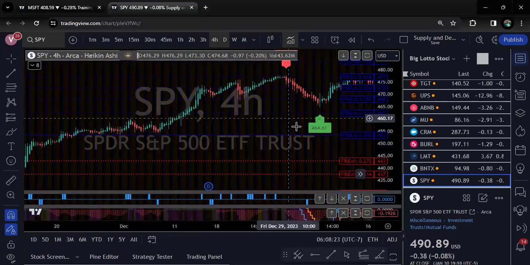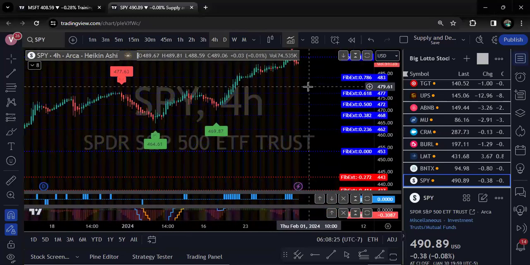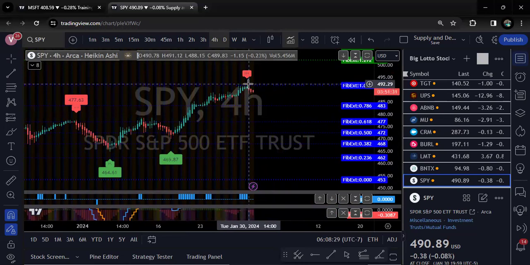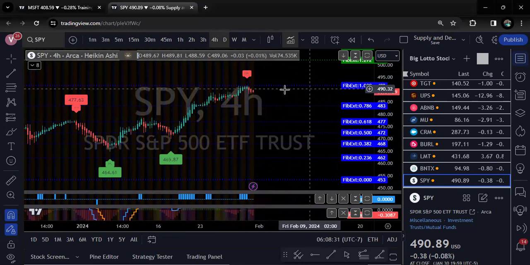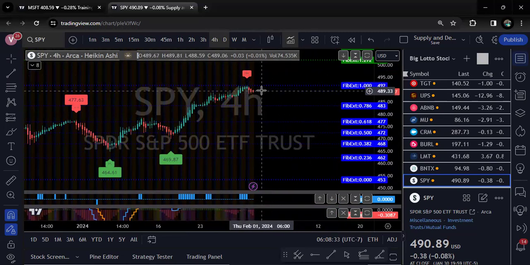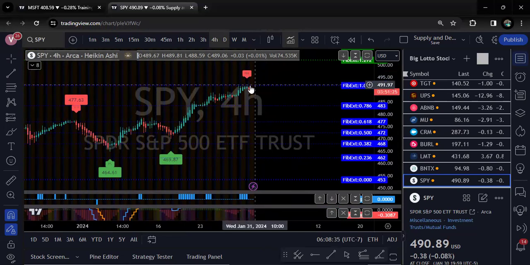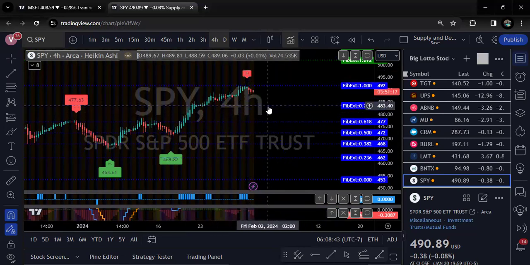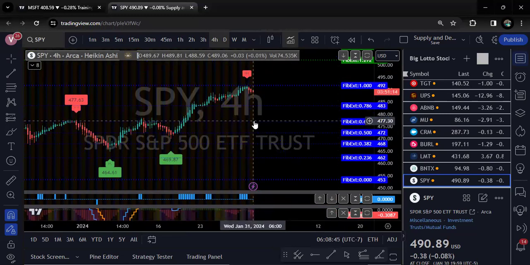If you are having 50% on the 4 hour, this level will move, and it will keep moving if we go up. But if you're not breaking this level, we've hit a high, and it means you're coming down. Then first you're looking at 483, then 477, then 472 is our 50%.